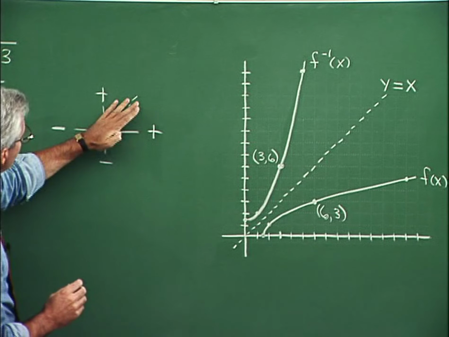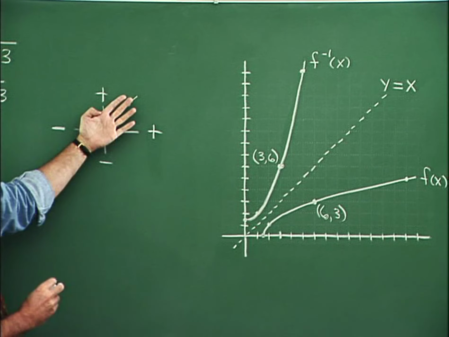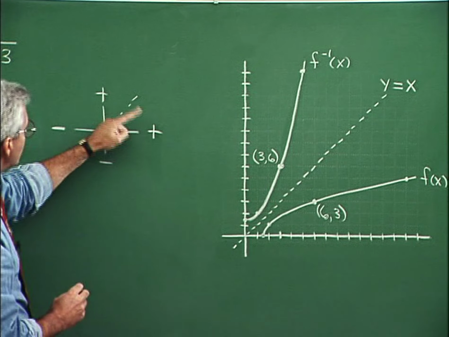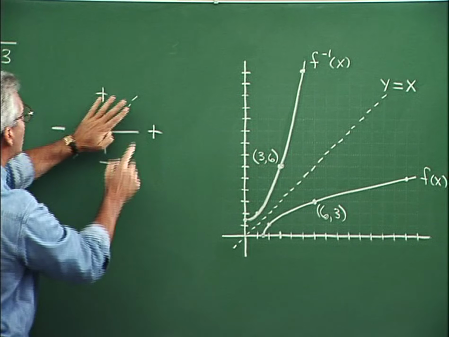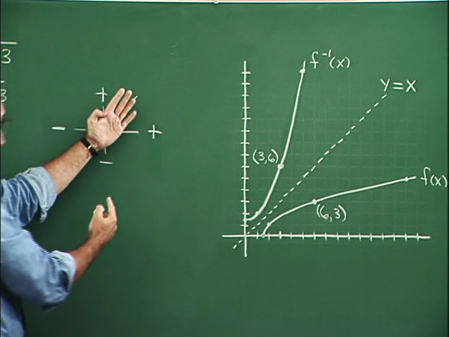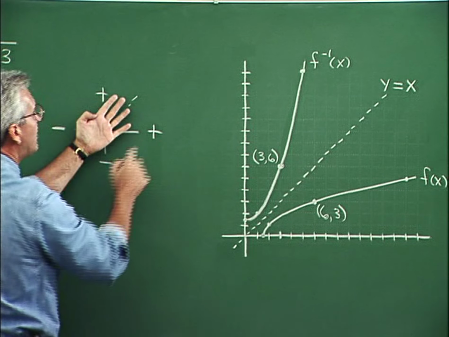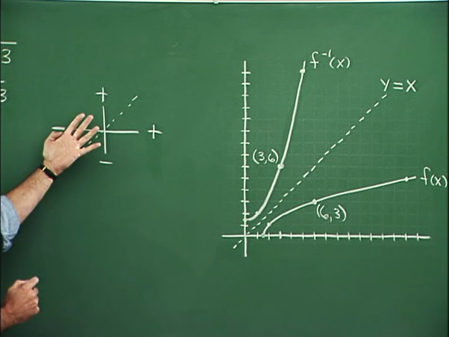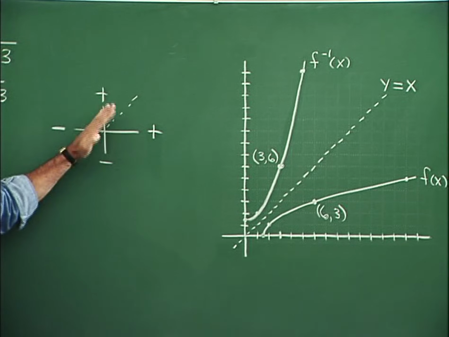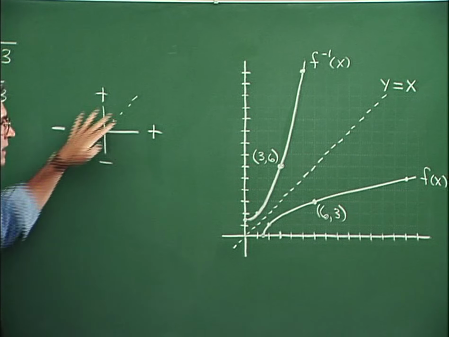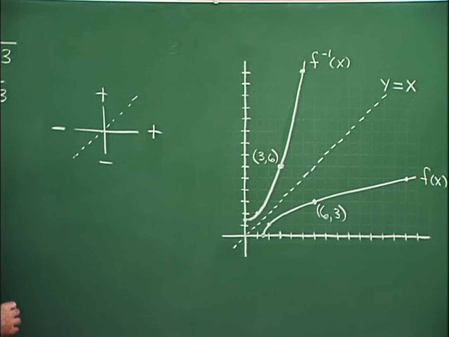And in twisting like this for the graphs of the inverse functions, the positive x's become positive y's, and these positive y values twist around the back side, you can think of it like that, and become positive x's, and the same idea with the y values. So no wonder we get that kind of reflection in the y equals x line.